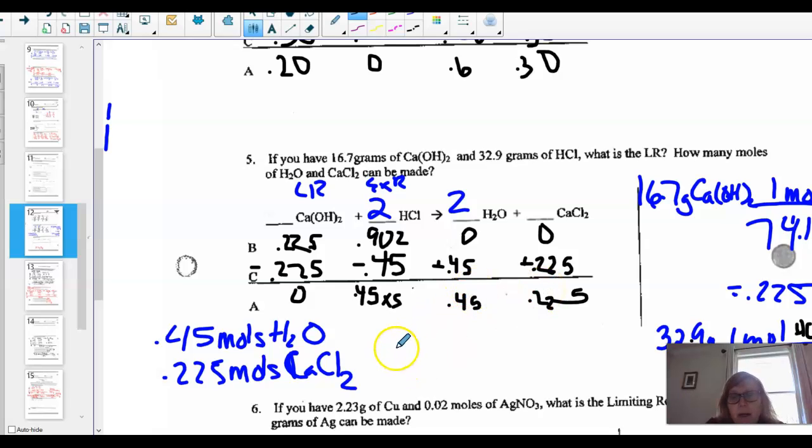If I want to know how many grams of water, I would say 0.45, no, I messed up, this should be moles. So 0.45 moles of water.